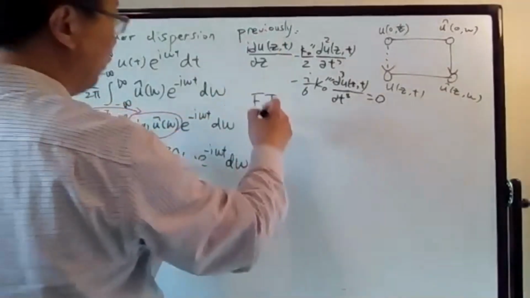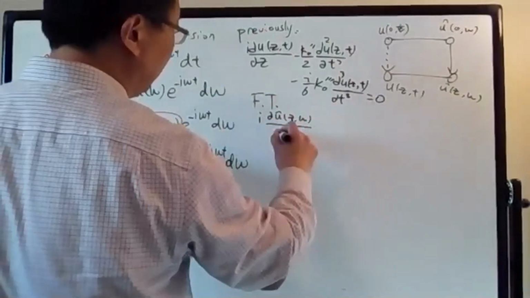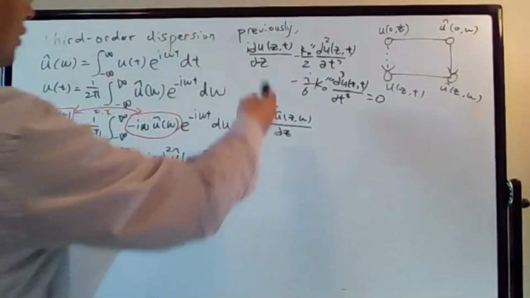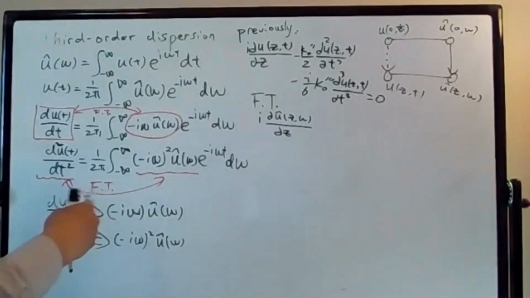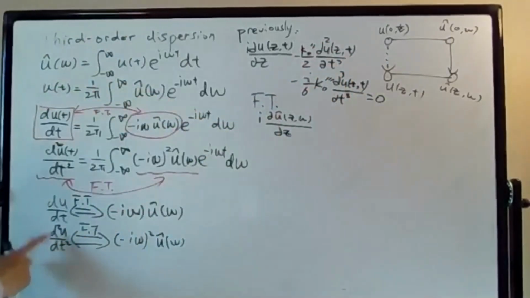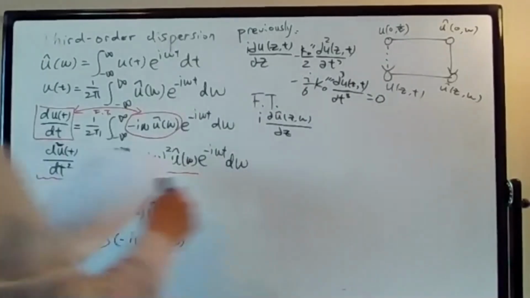In the first piece, we will have i du tilde(z, omega) dz. So this is simply z propagation. If we take a Fourier transform, it simply changes from u(t) to u tilde(omega). Now for the second case, we have the second derivative d squared u dt squared, corresponding to negative i omega squared u tilde.